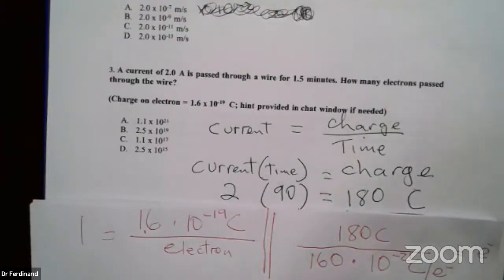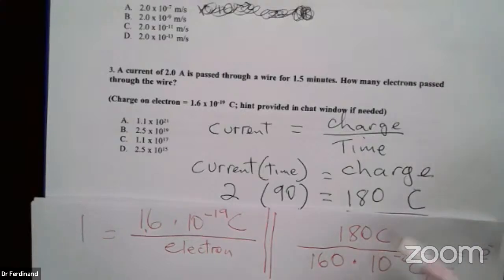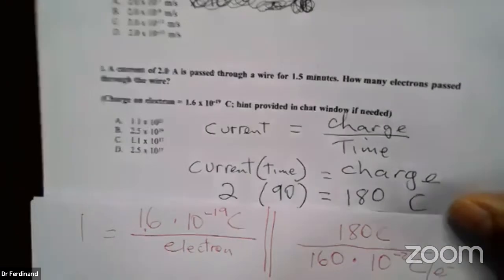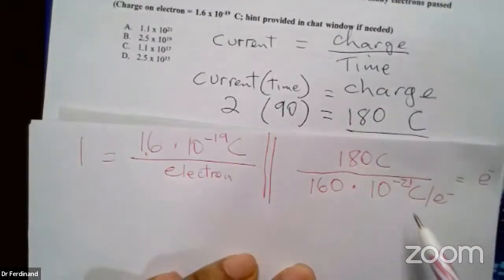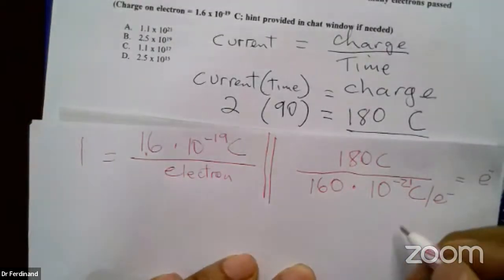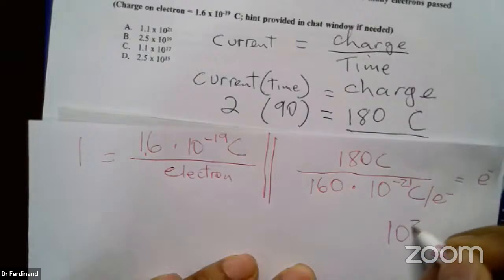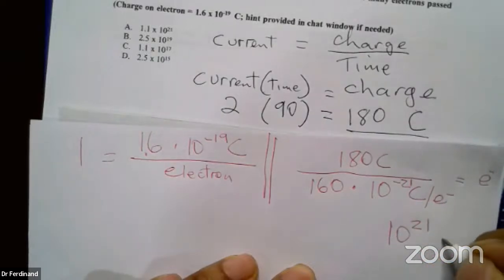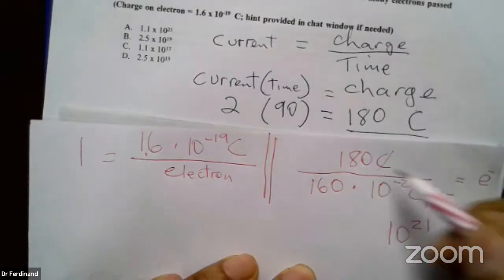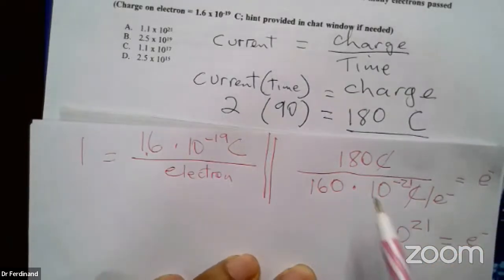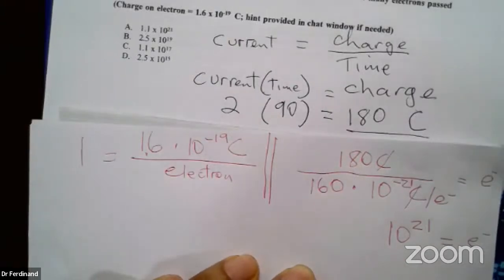This makes the math very simple, because if I have 10 to the minus 21 in the denominator and bring it upstairs to the numerator, that changes the sign on the exponent. So 10 to the minus 21 becomes 10 to the 21. This is going to equal the number of electrons, because the coulombs cancel. Then I have 180 over 160.